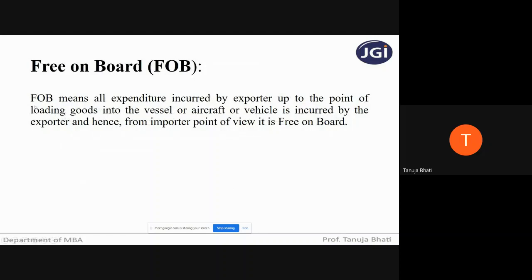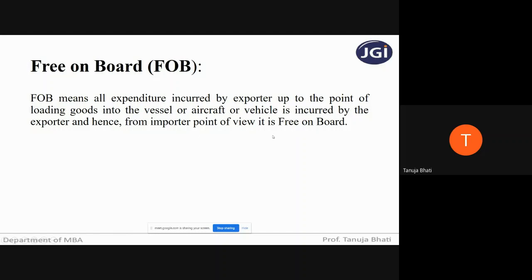So, free on board means all expenditures incurred by the exporter up to the point of loading the goods into the vessel or aircraft or vehicle are incurred by the exporter, and hence from the importer's point of view it is free on board.